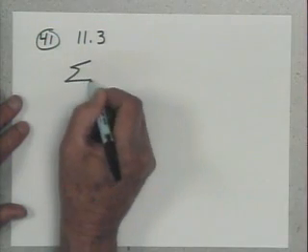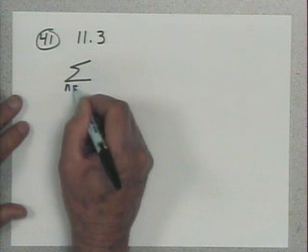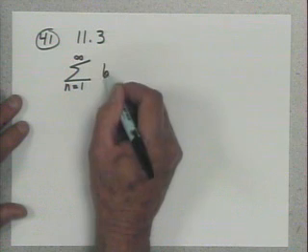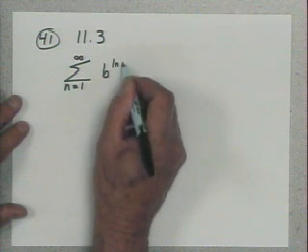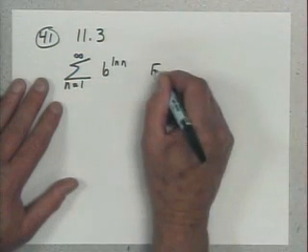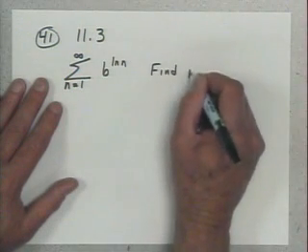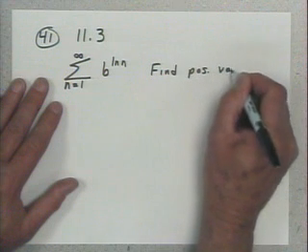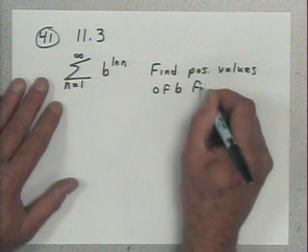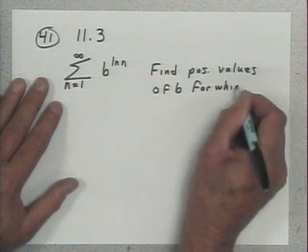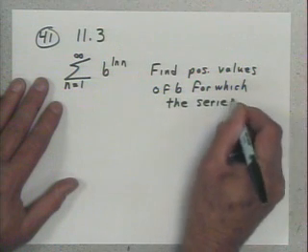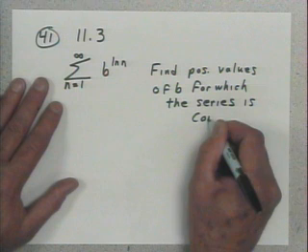It's a series where n runs from 1 to infinity of b to the natural log of n, and it says find positive values of b for which the series is convergent.